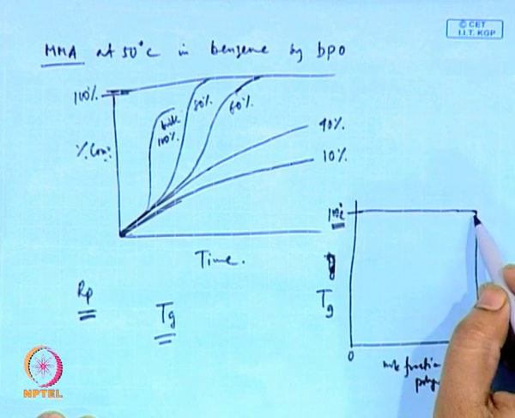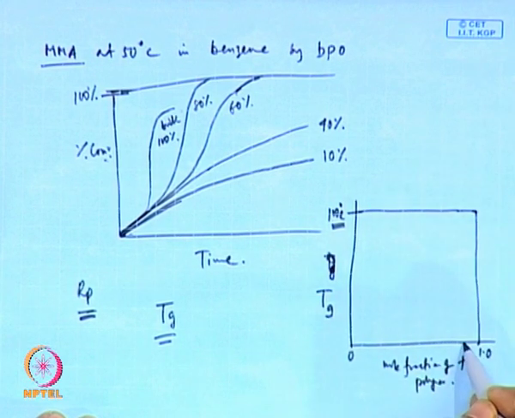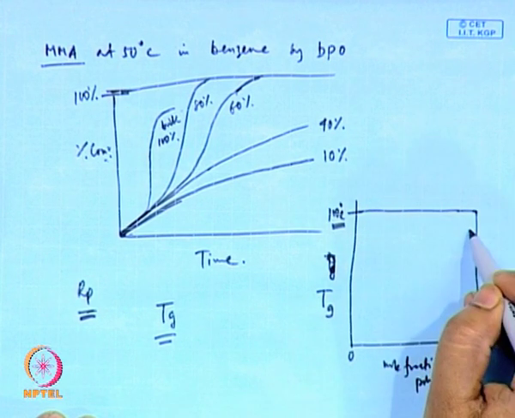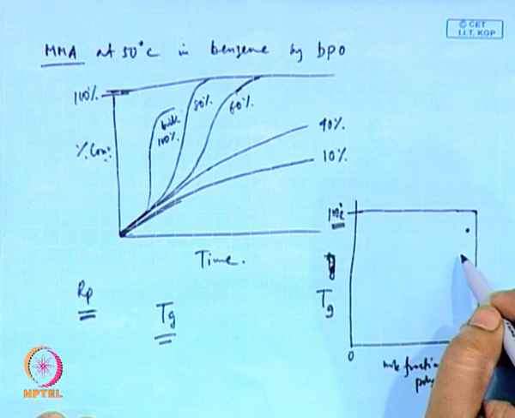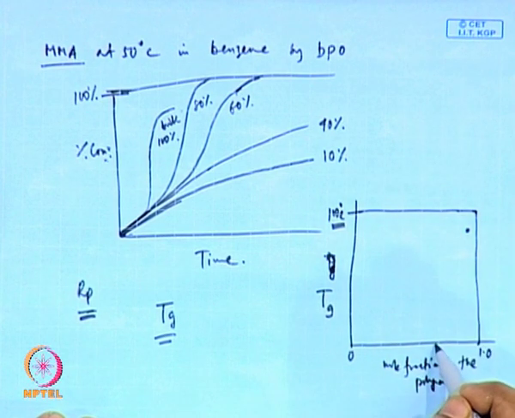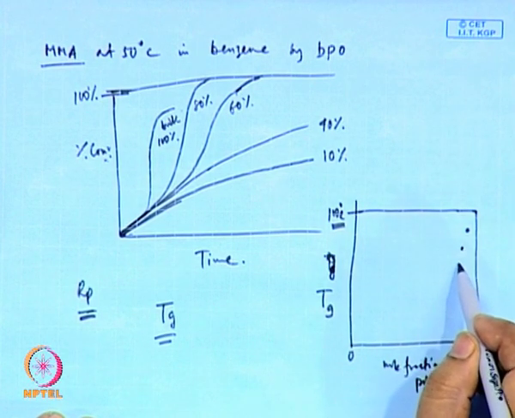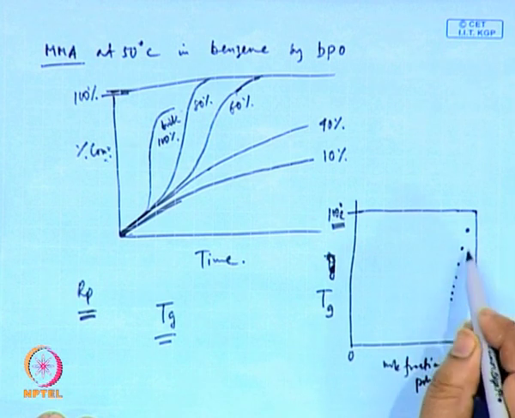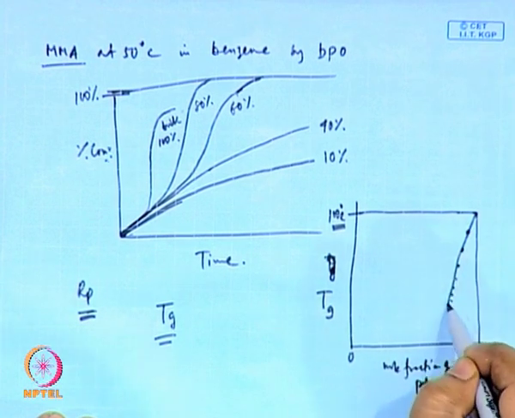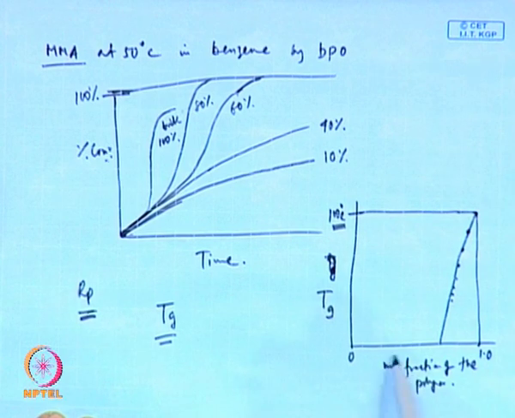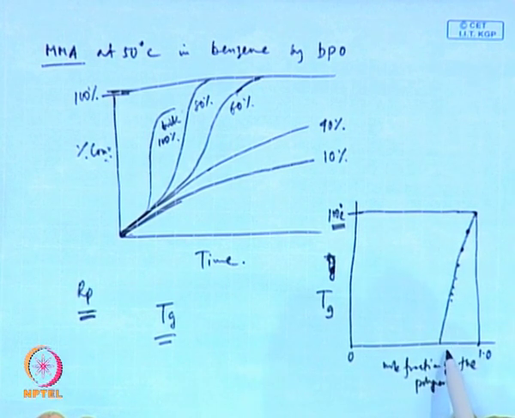Okay. If you have a little amount of monomer, then Tg will come down, okay, plasticization will happen. More monomer, more plasticization. Okay. So, if you draw Tg with mole fraction, you are going to get a curve like this. Okay.